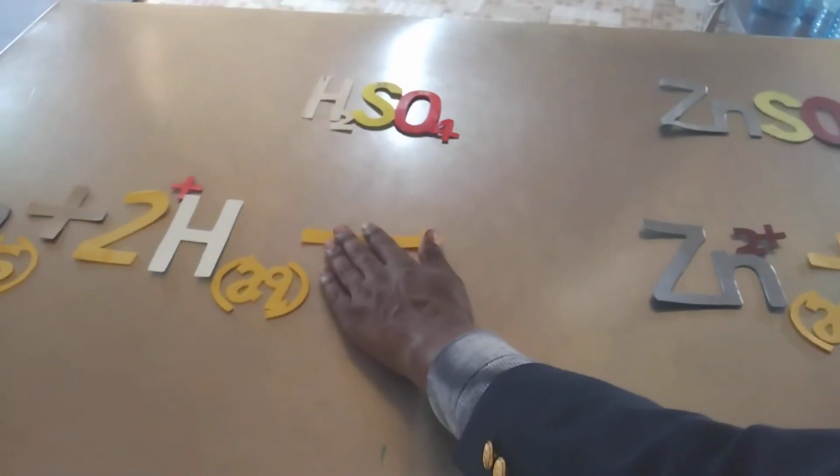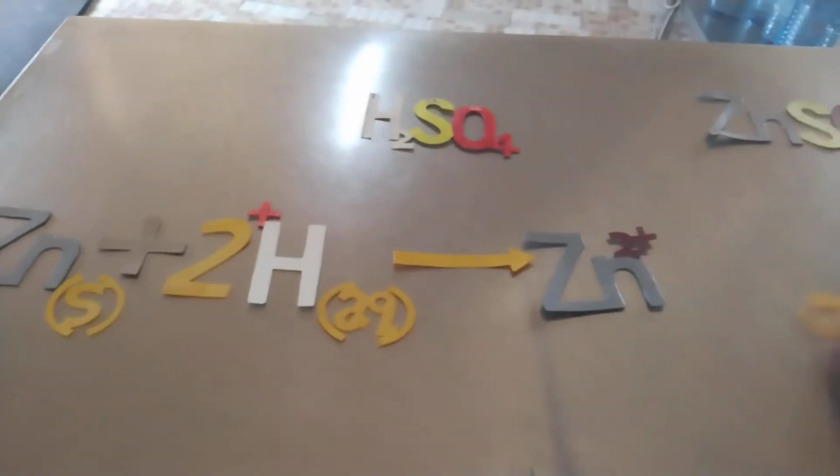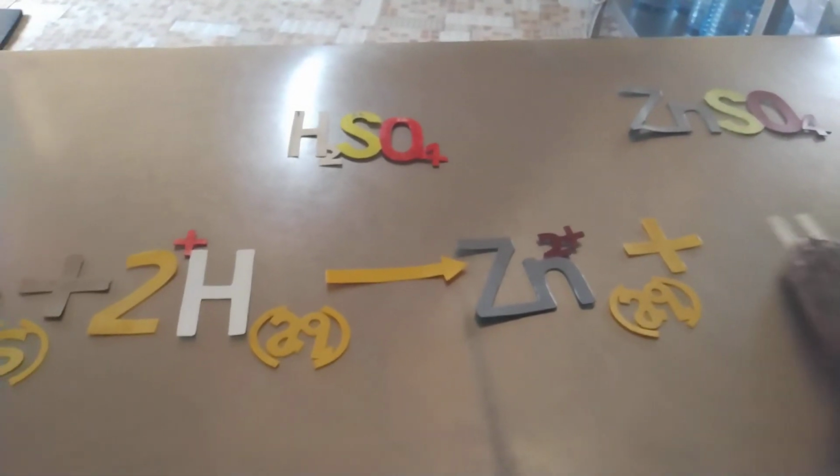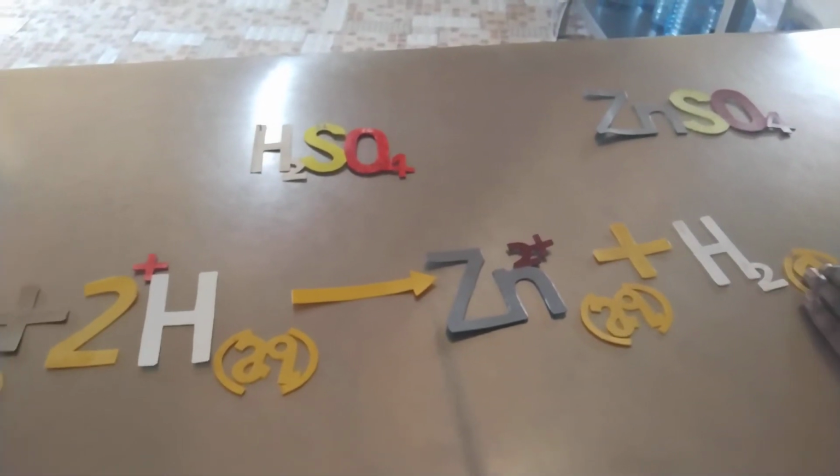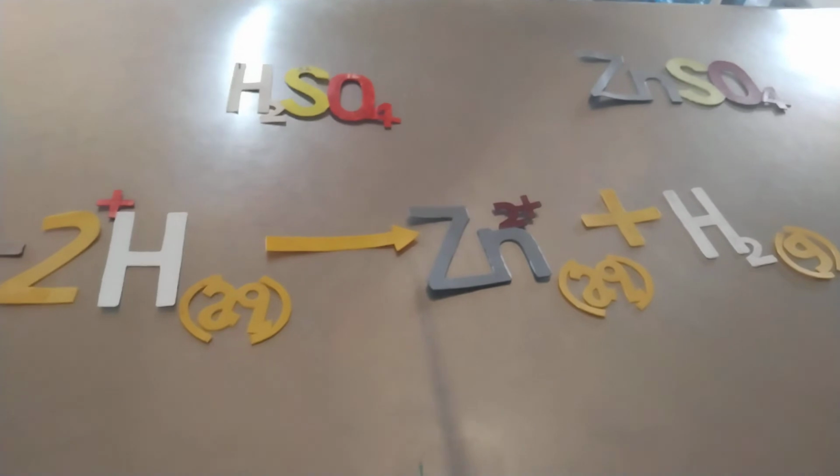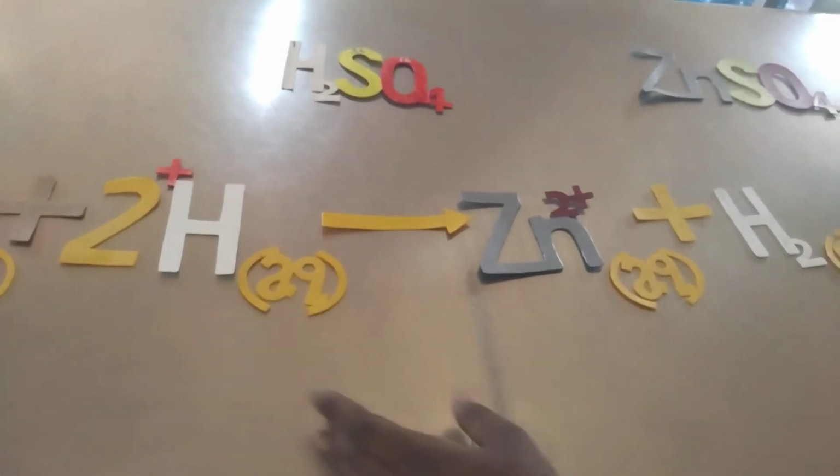Then you can also remove this one here. Zinc is a solid on this side, and zinc is aqueous on that side, so you cannot remove it. They are not similar. You have two hydrogen ions here, and you have a molecule of hydrogen gas there. In this case, there is nothing else that you can remove.